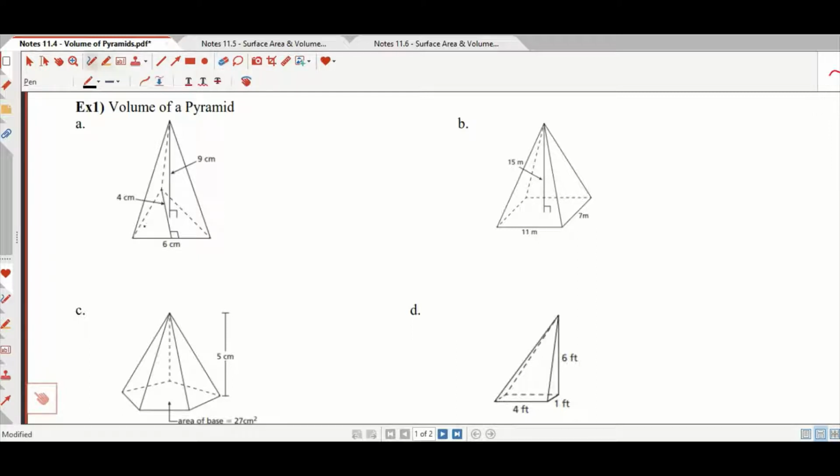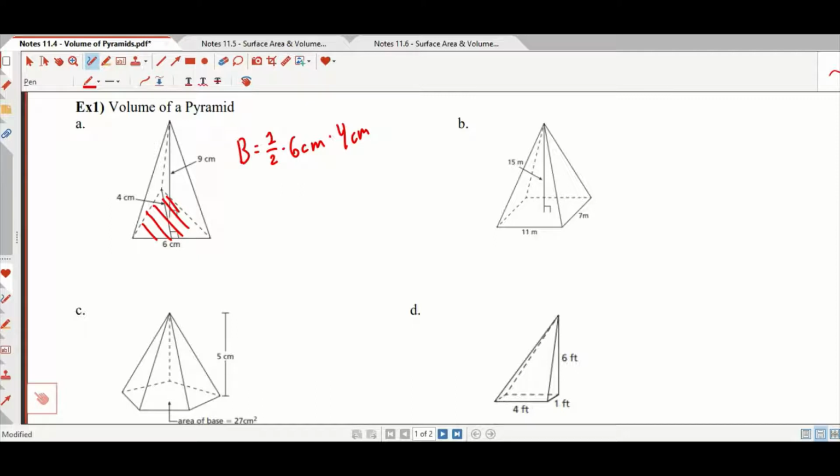So to find the area of the base, which here is this triangle, the area of a triangle is 1/2 times the base of the triangle times the height of the triangle. So capital B is 1/2 times 6 centimeters times the height, 4 centimeters.